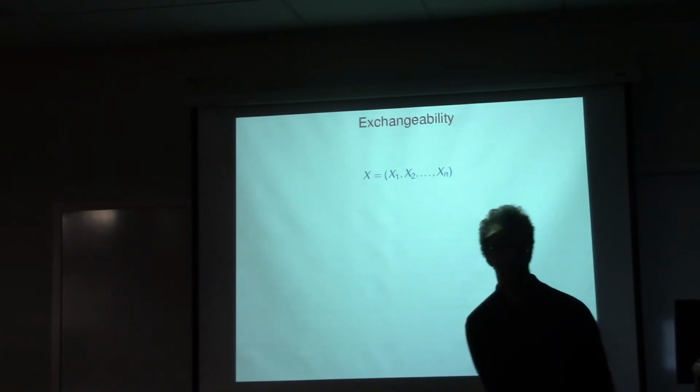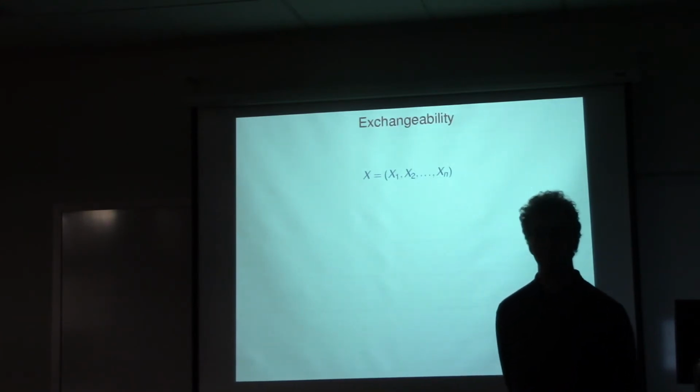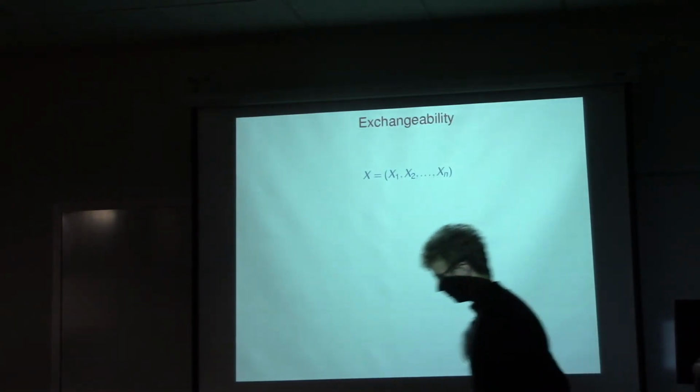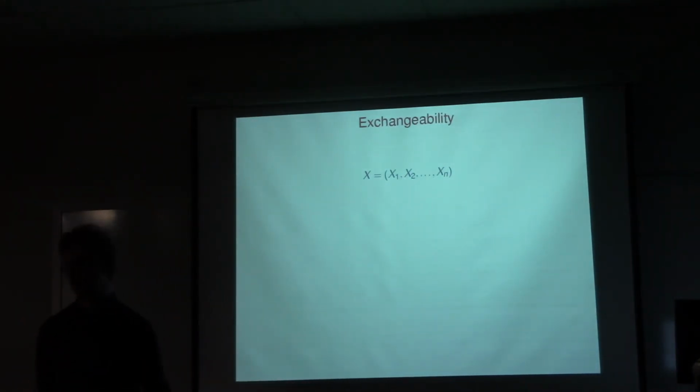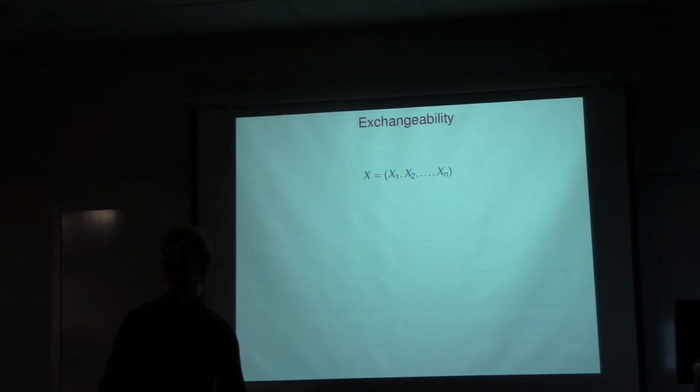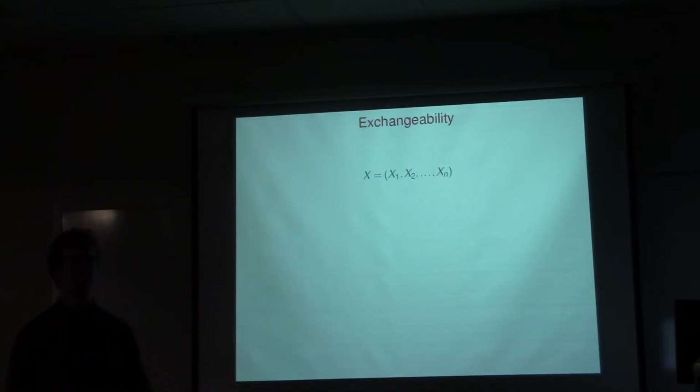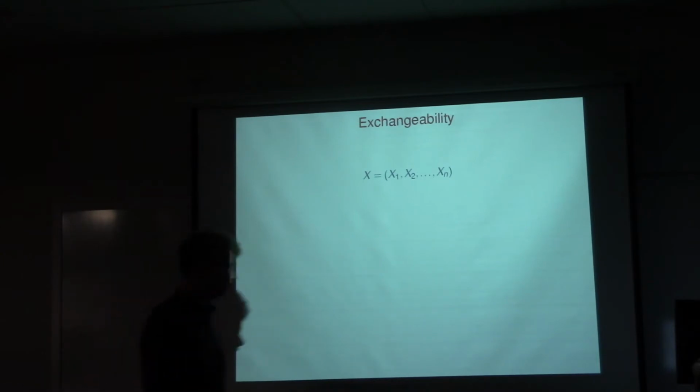Okay, so now I turn to the last part of my presentation, exchangeability. We have a sequence of random variables, and it's studied by de Finetti, of course. It's a weaker assumption than independence, so that you can learn from past trials, so past observations.